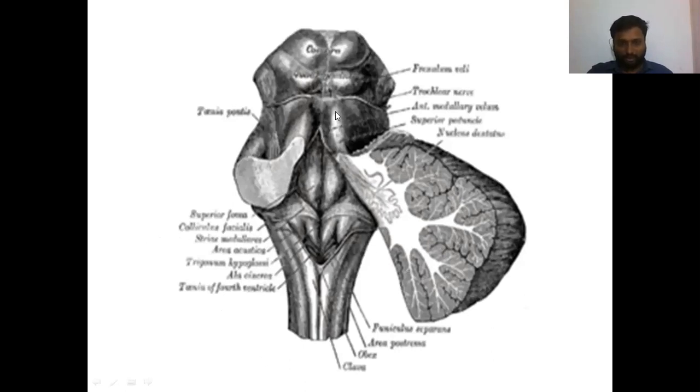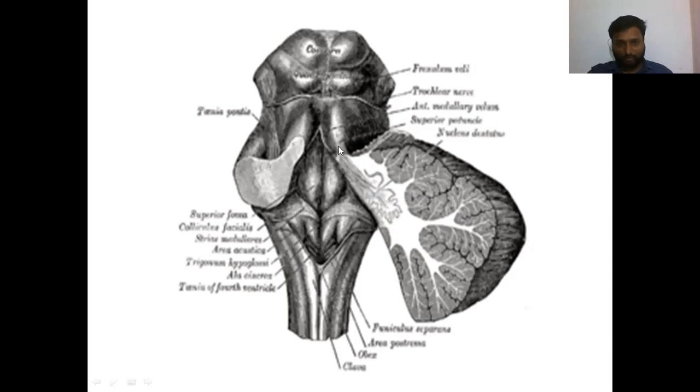The first peduncle is this bundle of fibers, known as the superior cerebellar peduncle, which connects the brainstem to the cerebellum. One is this superior cerebellar peduncle, another is this area, the middle, and the last one is this area, the inferior. So anyway, this is the superior cerebellar peduncle. So the first point is clear.